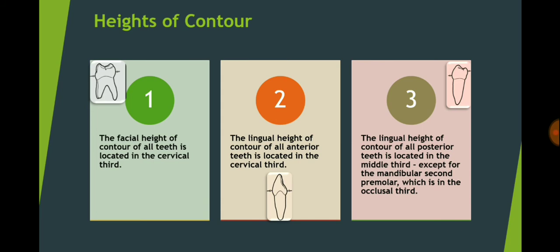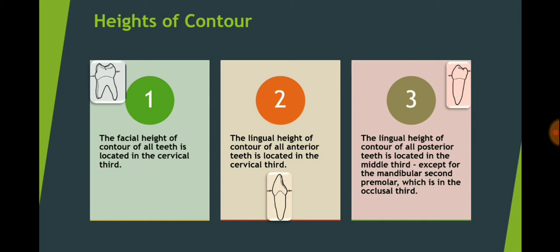Okay, so number one, the facial height of contour of all teeth is located in the cervical third. As you can see in the picture above, in the facial aspect, this is a maxillary molar because it has three roots: a palatal root and two buccal roots.